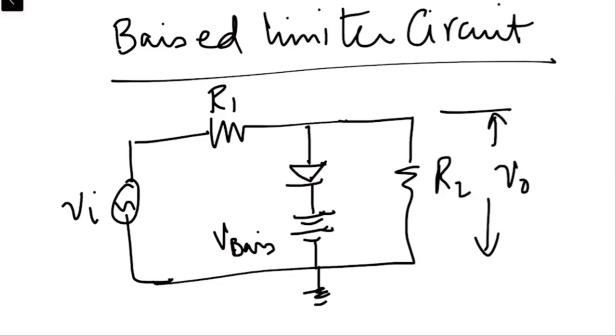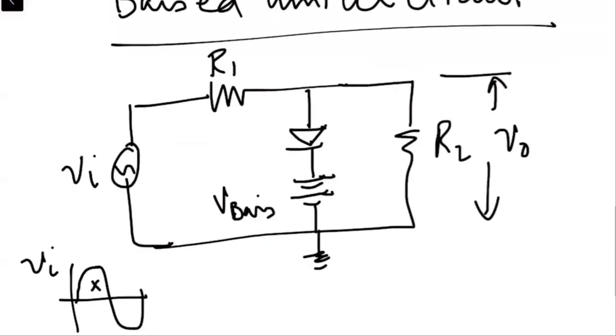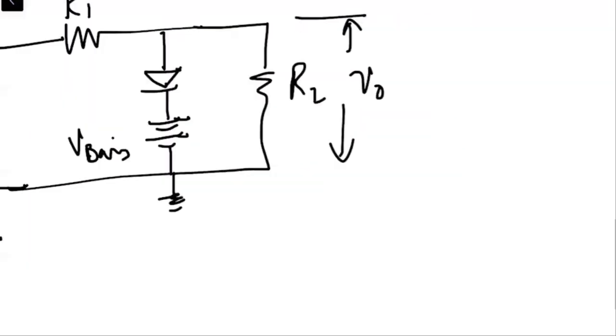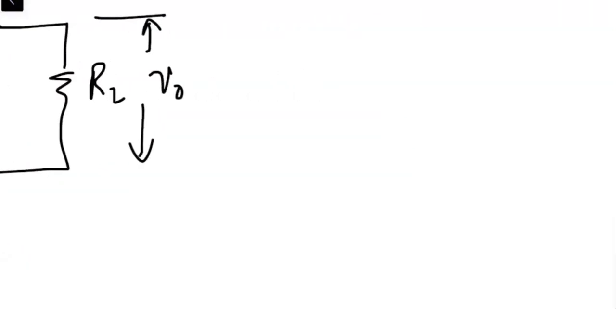Again, we are providing the input like this, Vi, with the positive half cycle. First, we are applying the positive half cycle. When we are applying the positive half cycle, this end is positive, this end is negative. Now again, considering the diode as an ideal diode, the circuit will look like this for the positive half cycle.